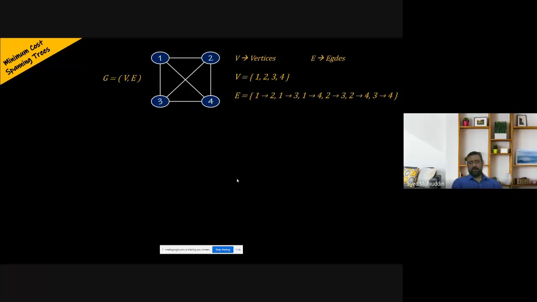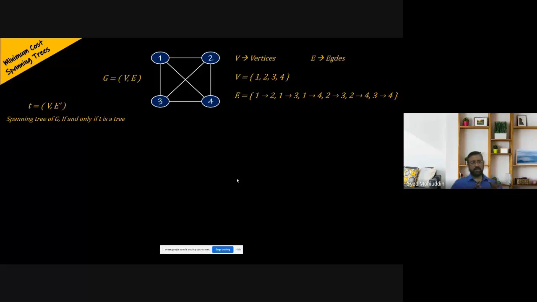Now, for this graph, a spanning tree is defined as T, a set of vertices V and edges E dash. When we say set of vertices V, that means all the vertices of the graph should be there in the tree.